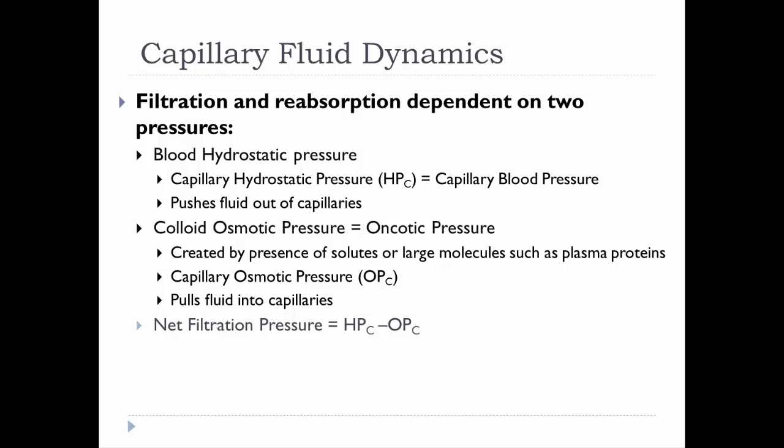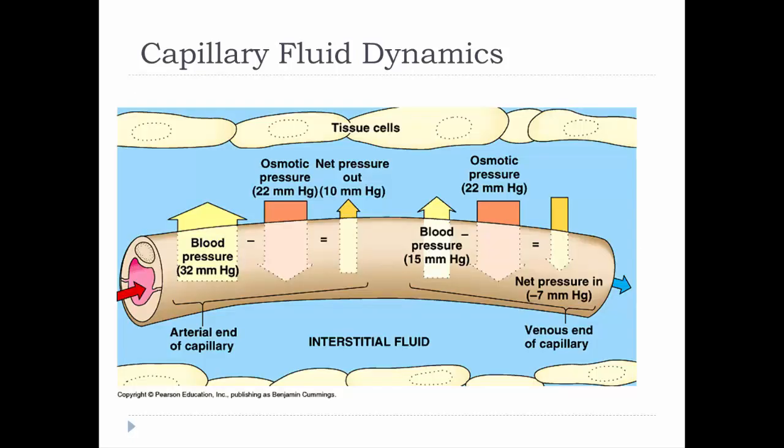And so net filtration pressure is basically the difference between those two. Whoever wins in a particular area of the capillary, be it blood pressure or colloid osmotic pressure, whoever's bigger is the one that wins. So let's take an example of that here.